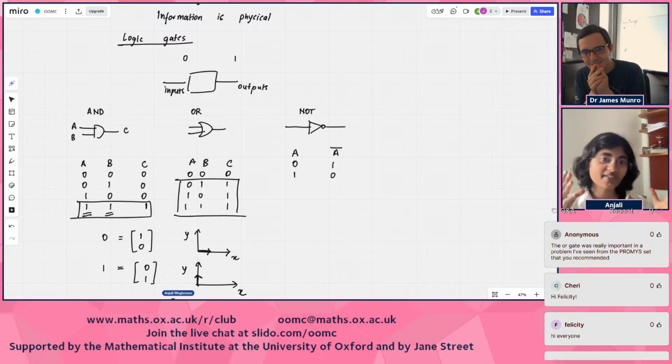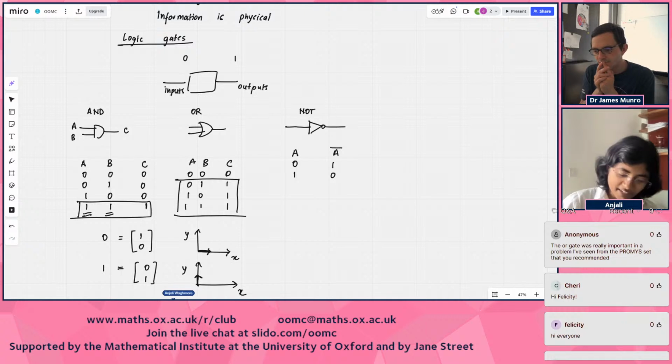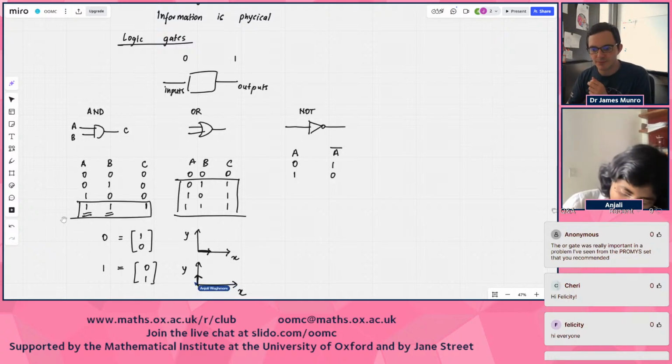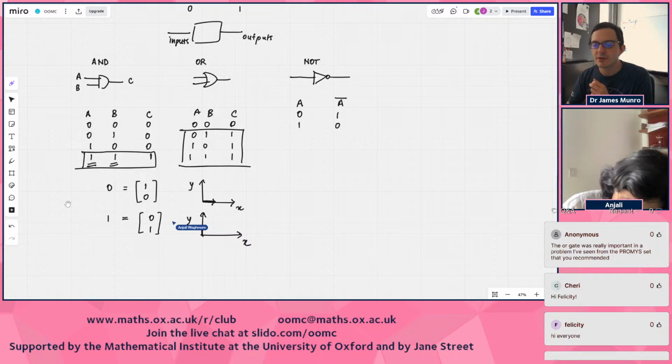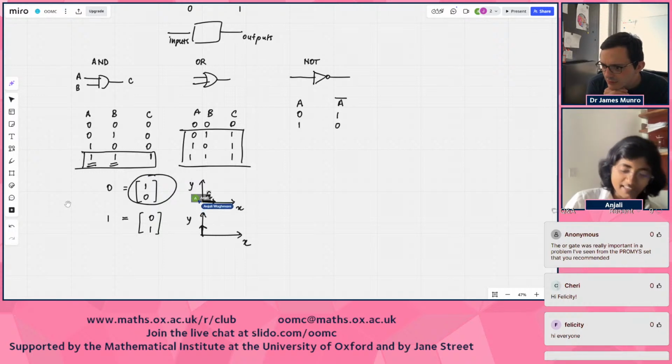So 0 is just a label for a representation. You're labeling this thing as 0. You could label it as whatever, say x hat, a tiny vector along the x direction.